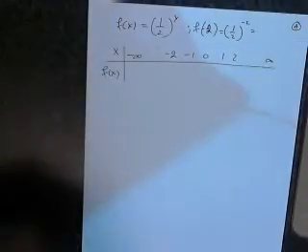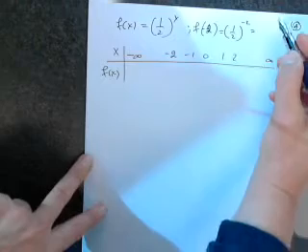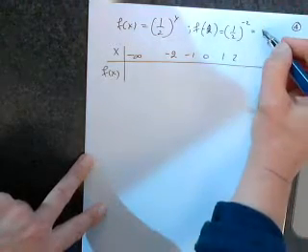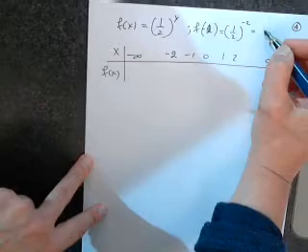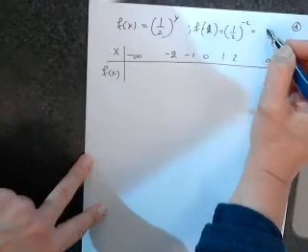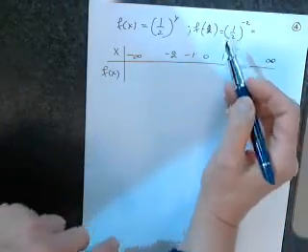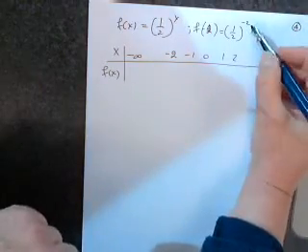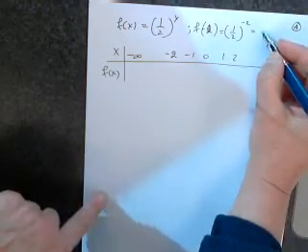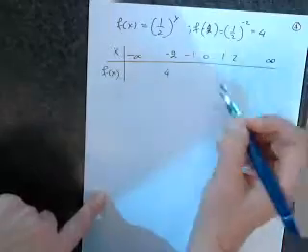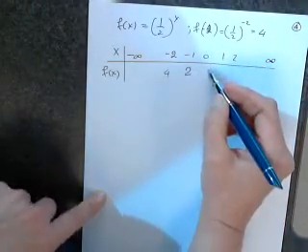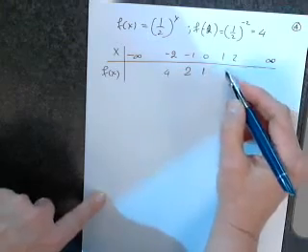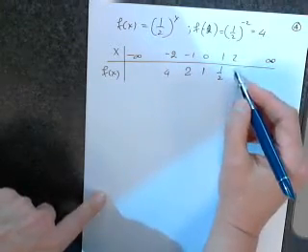How much will that be? You have to flip the fraction and raise it to that power. Very good. Now f of -1, f of 0, f of 1, f of 2.